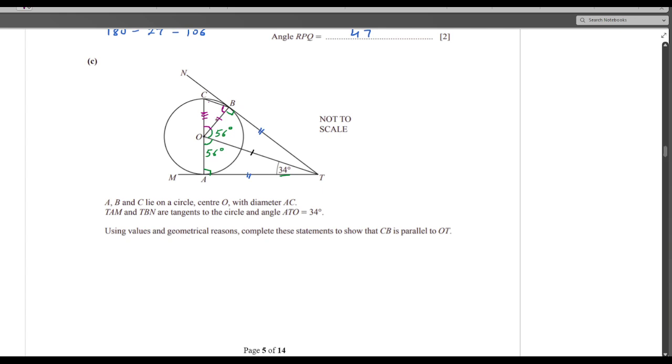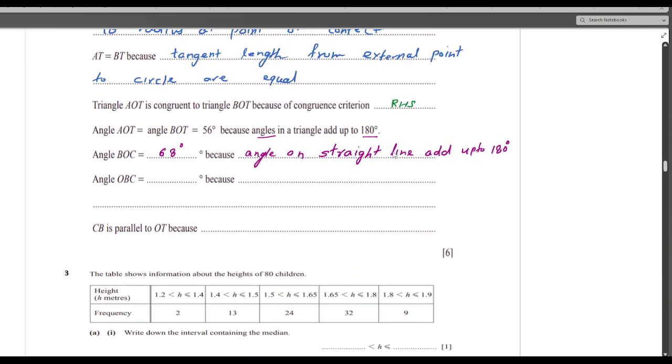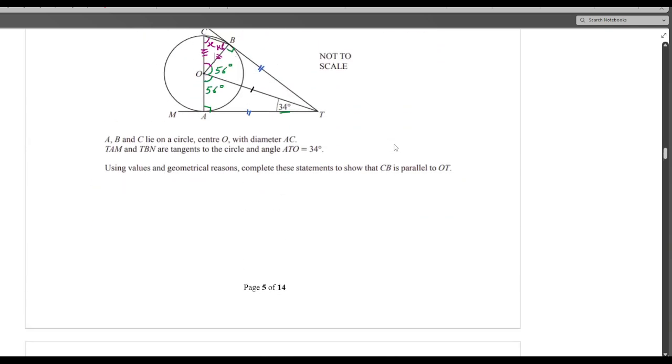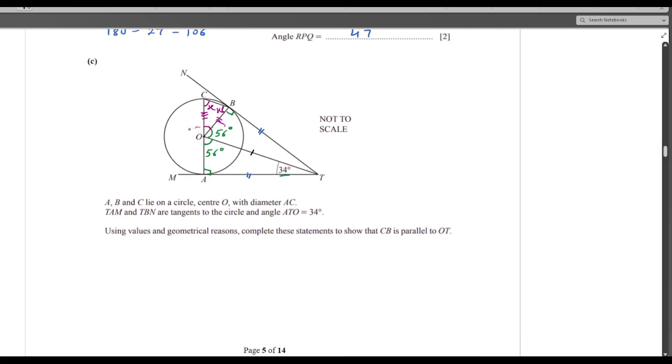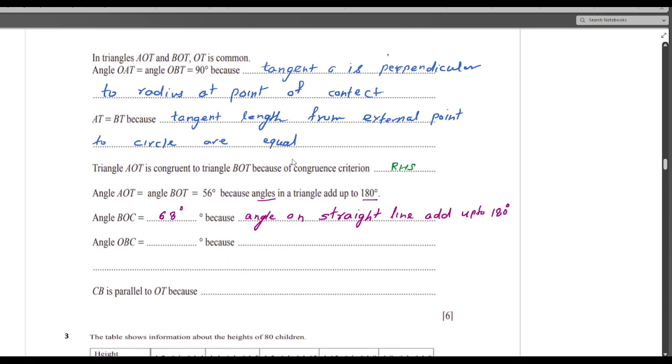This side and this side are equal, so their opposite angles, this angle X and this angle X, are both going to be equal. Here this angle is 68 degrees. So I will say that this angle OBC is 56.